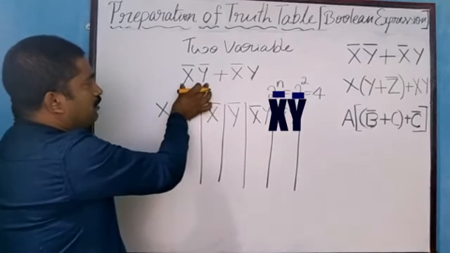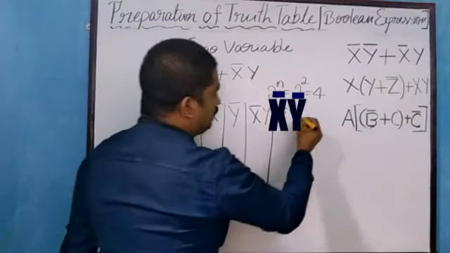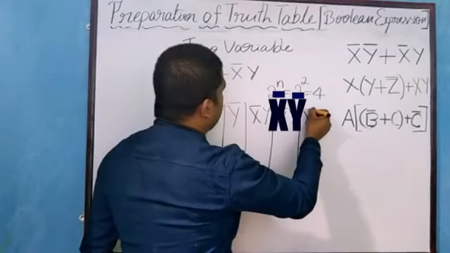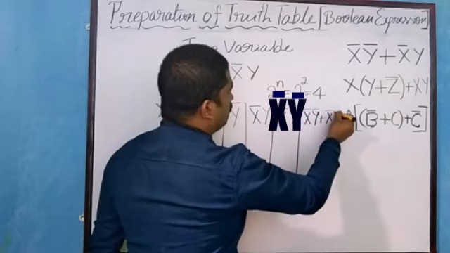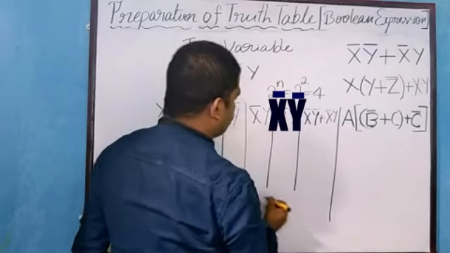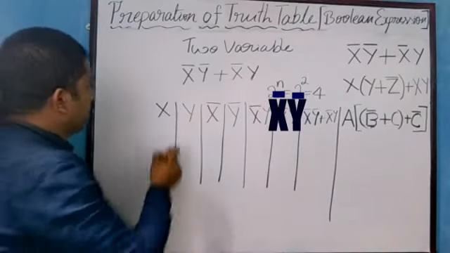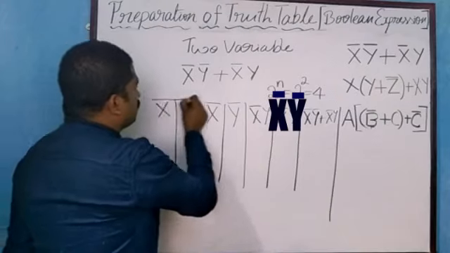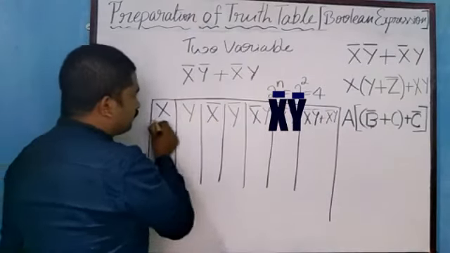We got x complement y complement. We got x complement y. You can write the final one, x complement y complement plus x complement y. So that we got all the columns.